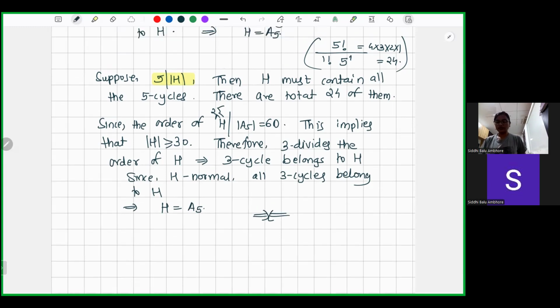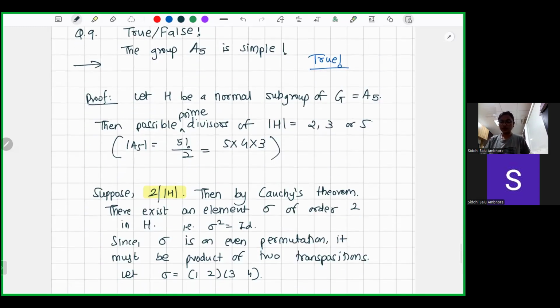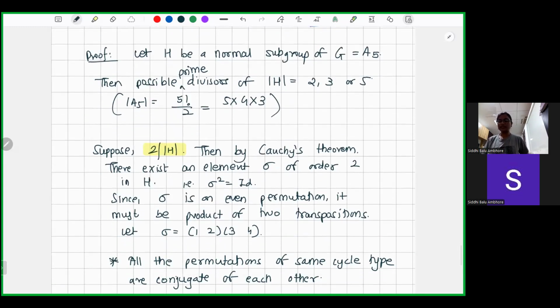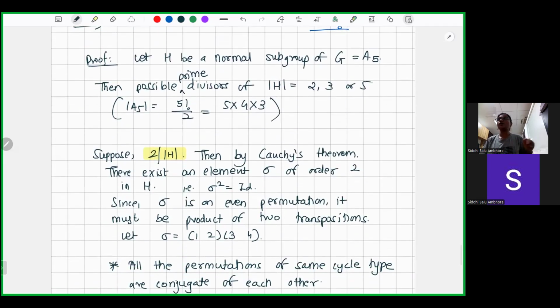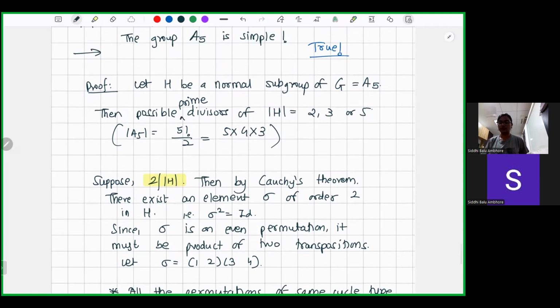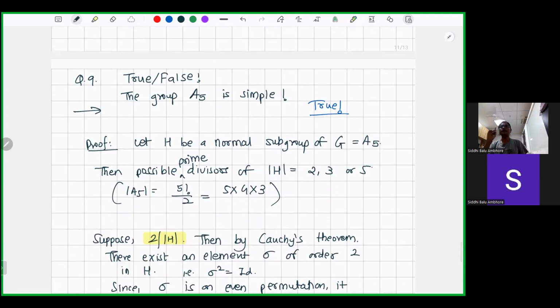Okay, so this is something we did. Why we did this is to get an idea of how, when you are asked certain questions, to get rid of the possibilities to arrive at the conclusion. That is, we have to prove that A5 is simple.